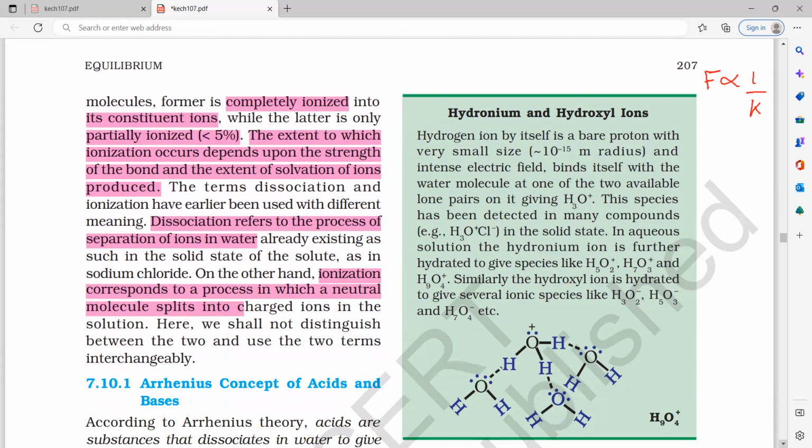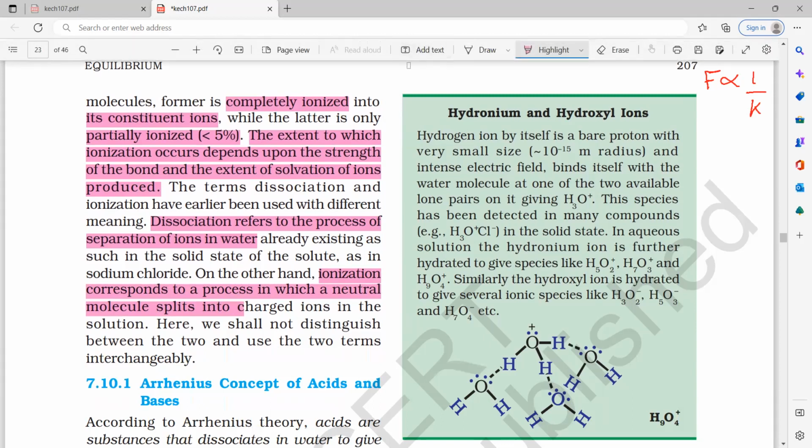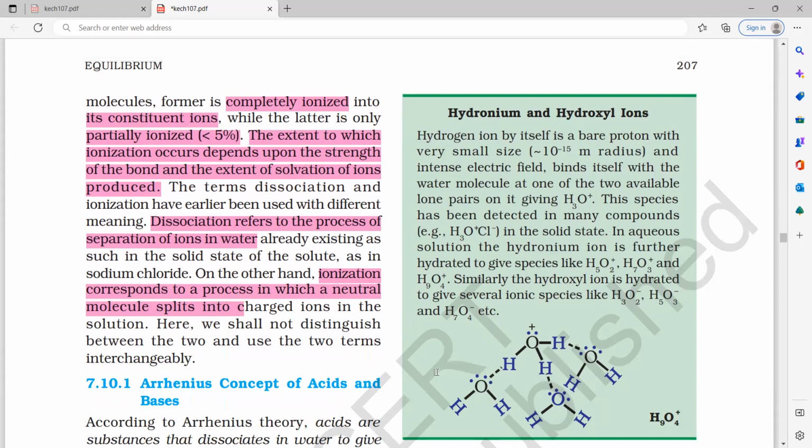So first let us define what is an acid, what is a base. The first time, Arrhenius tried to define this. So you can say this is the Arrhenius concept of acids and bases.